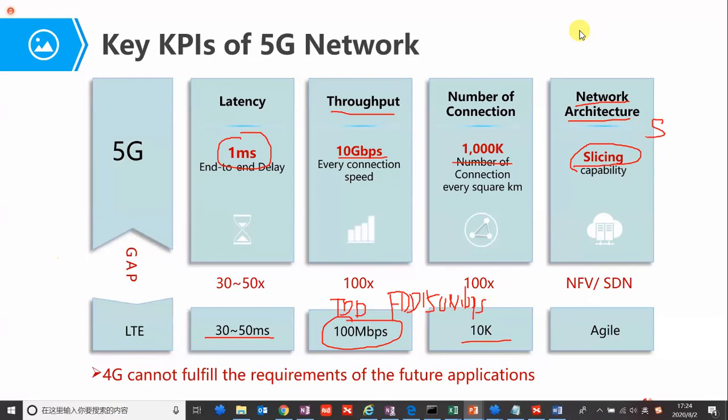For example, slicing 1 just supports low latency. Slicing 2, I want to support high throughput. We need a big bandwidth. For example, slicing 3, we need low latency and we need high throughput or big bandwidth.